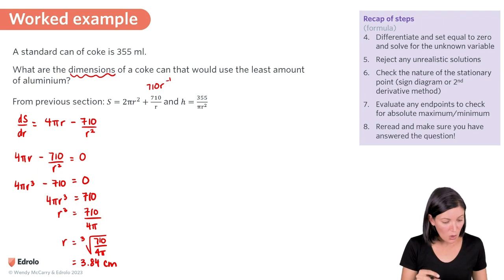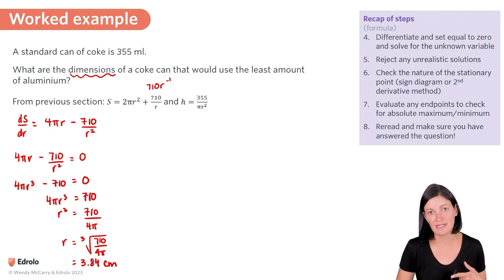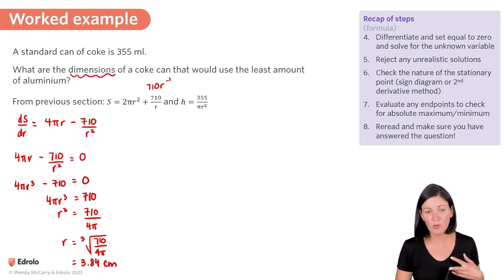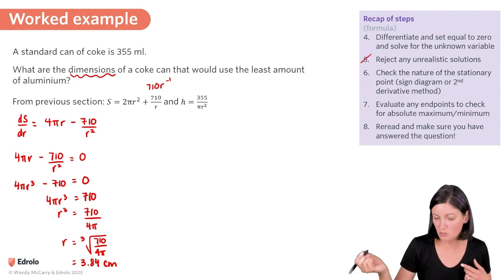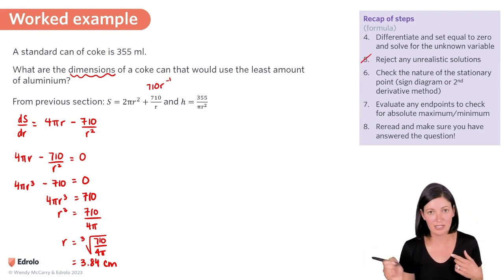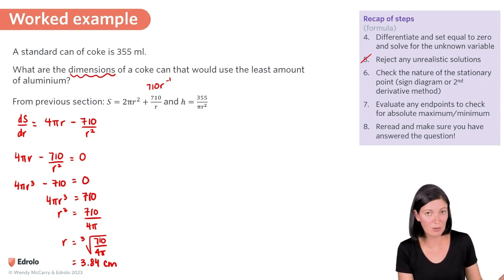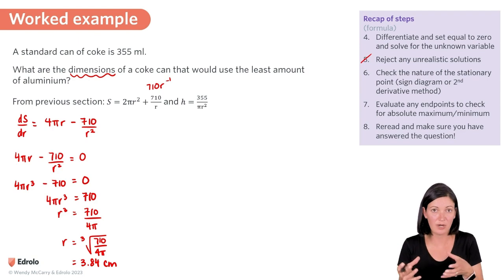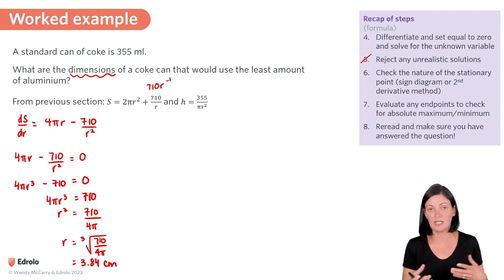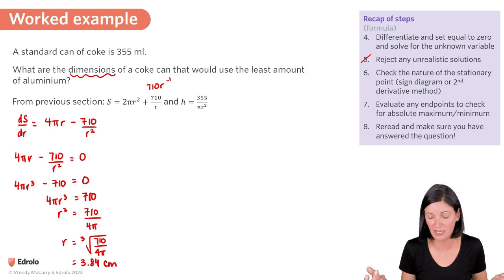Now, we don't have to check the nature of the stationary point because we've only got one value for r, and we've been told we're trying to use the least amount, so that is a minimum value. We don't need to reject any unrealistic solutions because there's only one solution here, and it does make sense, right? 3.84 centimeters for the radius of a Coke can seems like a value that would fit.